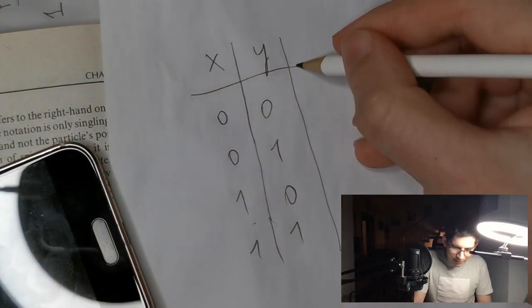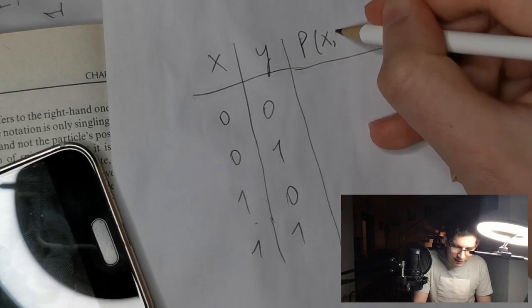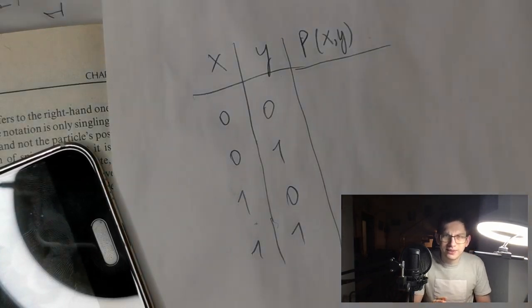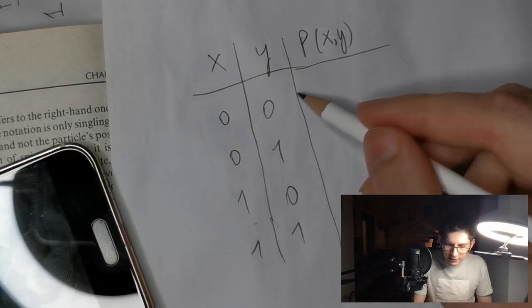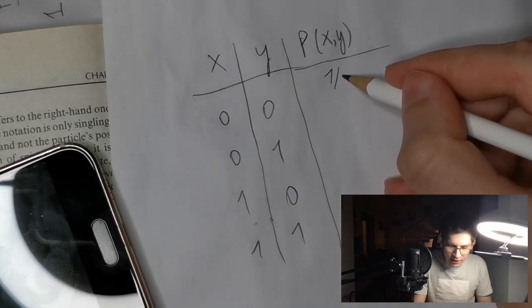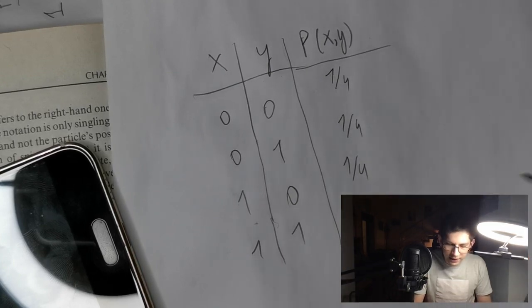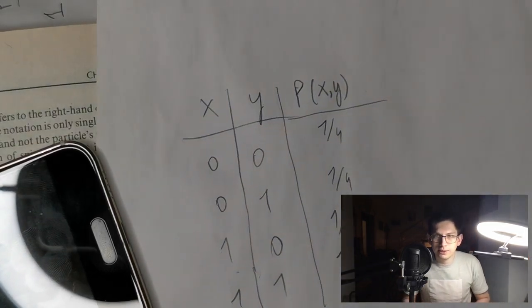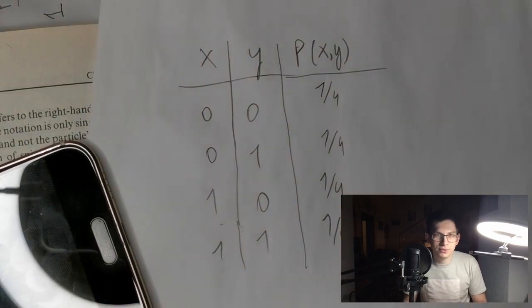And the probability of having all of those, P of X,Y, I will write it like that, so that X equals 0 and Y equals 0 is 1 over 4. This one is also 1 over 4. So they all are equally distributed in terms of probability, because we just flip the coin.